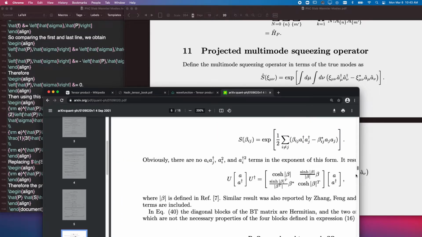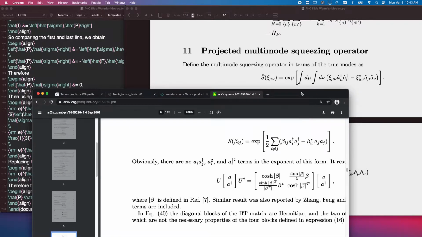So essentially it's a sum over i and j, but since we are assuming a continuous spectrum, then we have integrals, and you just take the creation operator for two modes, mu and nu. If it's single mode squeezing, then mu and nu are the same, and if it's multi-mode, then you have different combinations of mu and nu.